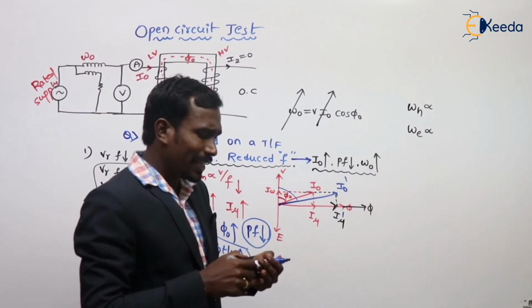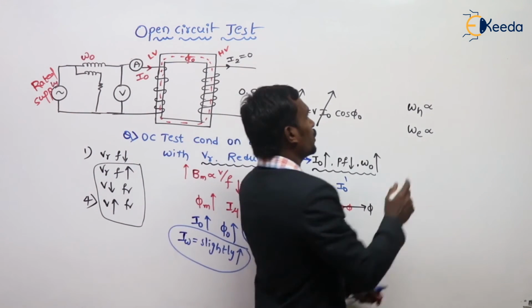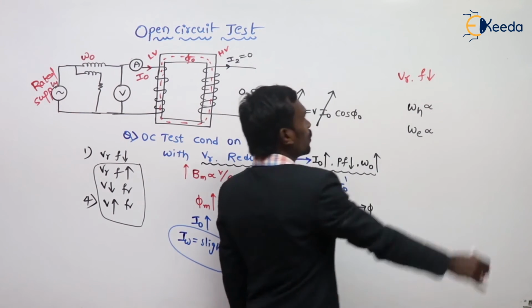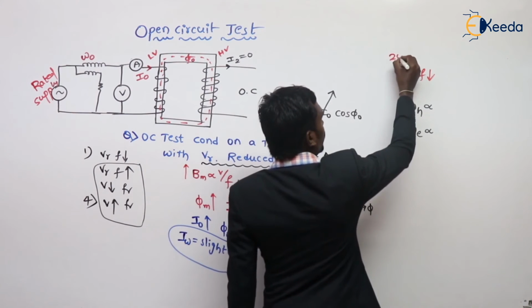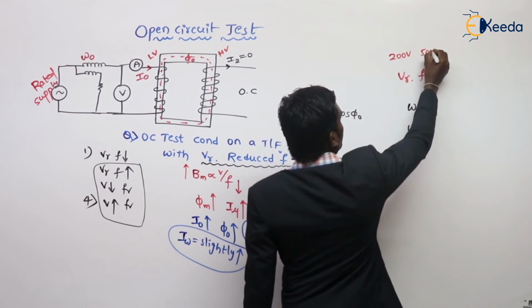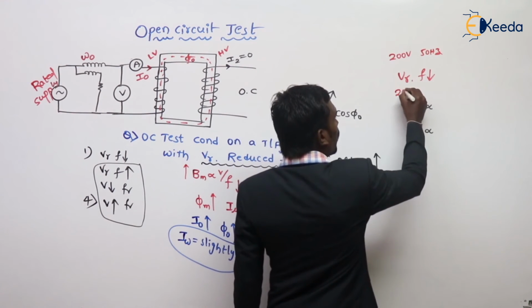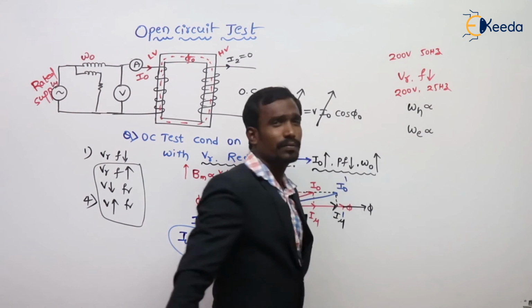Here I told you, rated voltage but reduced frequency. For example, my rated voltage is 200 volts, my frequency is 50 Hz actually. But now voltage is the same but frequency is reduced.